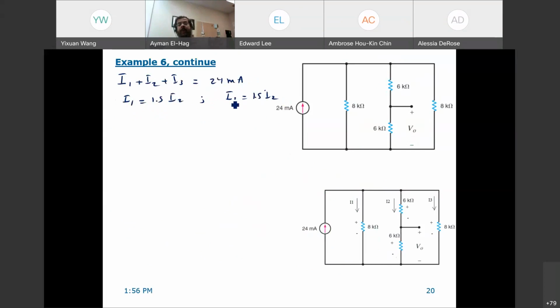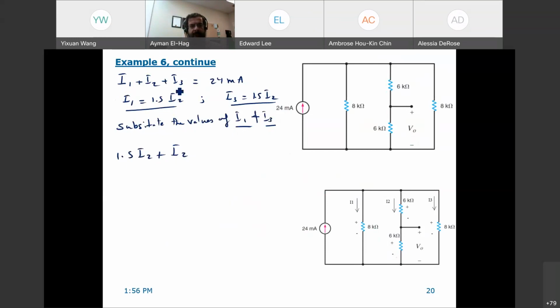So one way is to represent all variables in terms of one variable. Now we will go back to the first equation and substitute the values of I1 and I3. So here I1 is 1.5 I2, plus I2, plus I3, which is plus 1.5 I2, equal to 24 milliamps.